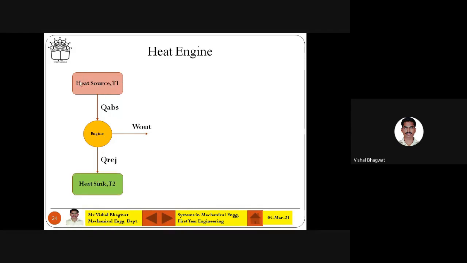One is a high temperature body T1, the other a low temperature body T2, or reservoirs, heat source and heat sink. Heat source is from which you are absorbing Q. Heat sink is to which you are rejecting the heat. T1 is always greater than T2.